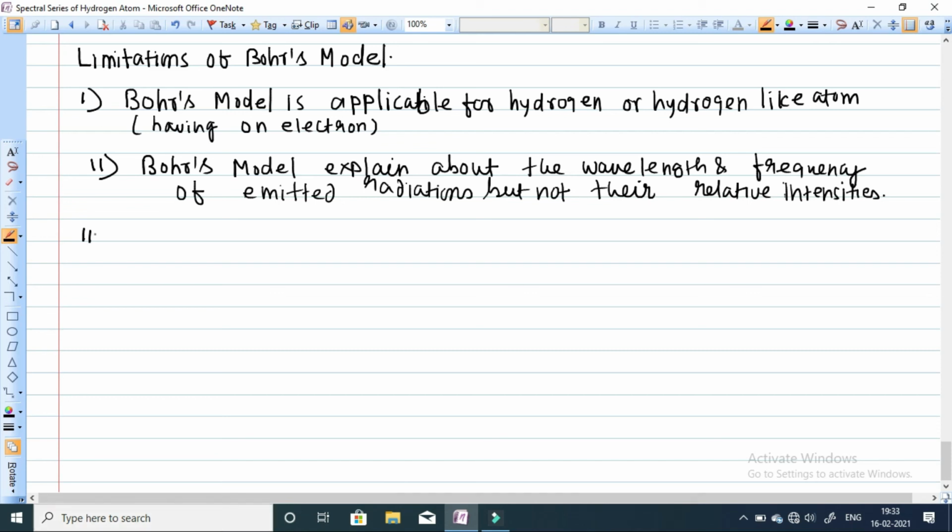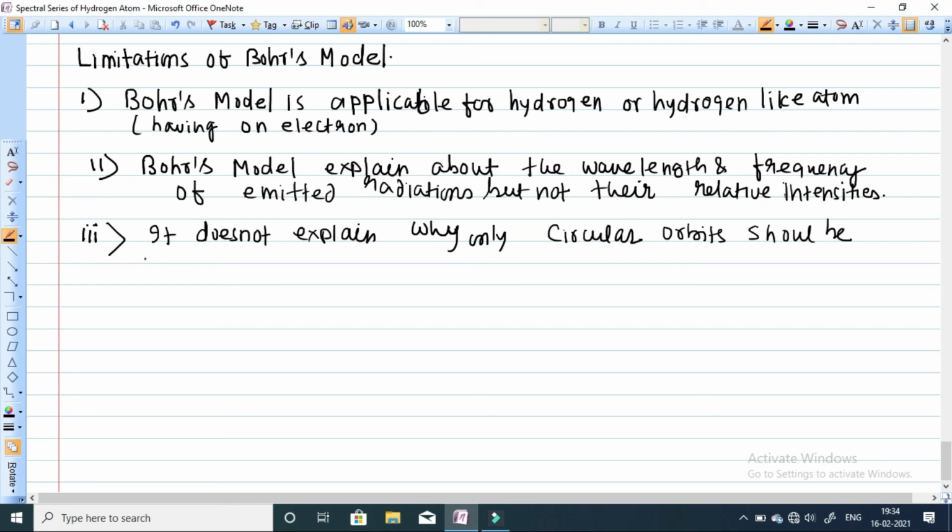So the third limitation is that it does not explain why only circular orbits should be chosen when elliptical orbits are also possible, like we have seen in the planetary motion gravitation chapter. This is your third limitation.